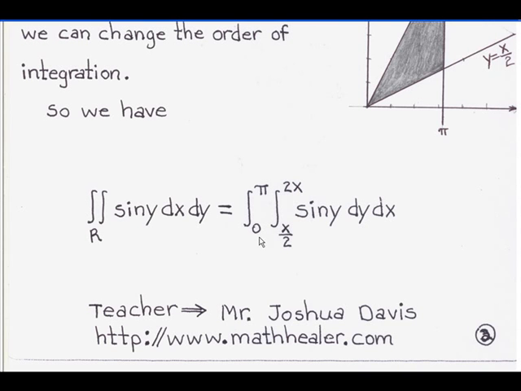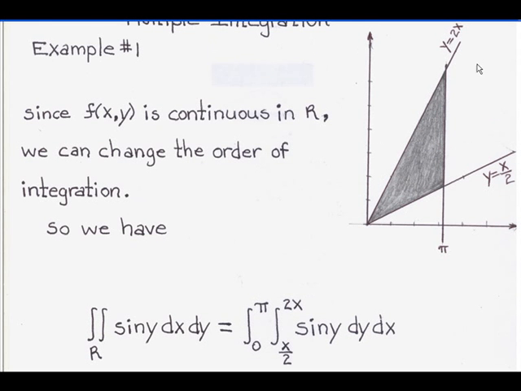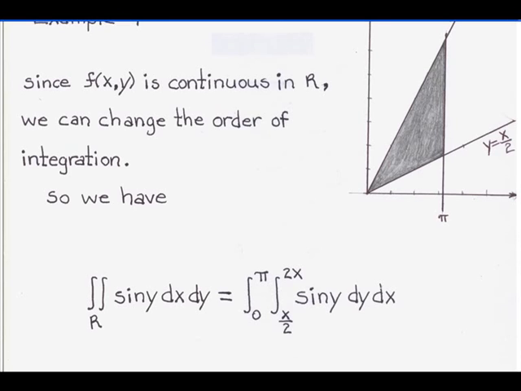Now, looking at the outer integral, we see that x is bounded by 0 and pi. X is greater than or equal to 0, but less than or equal to pi. In the inner integration, we see that y is bounded by the upper function of 2x and the lower function of y equals x divided by 2.